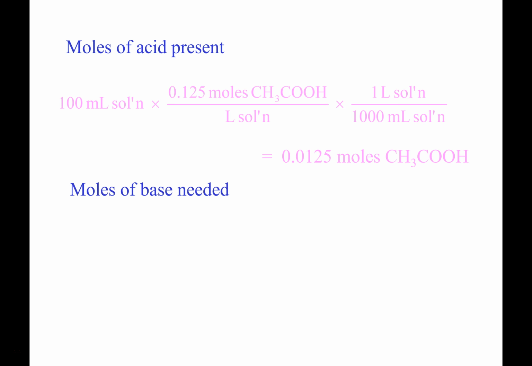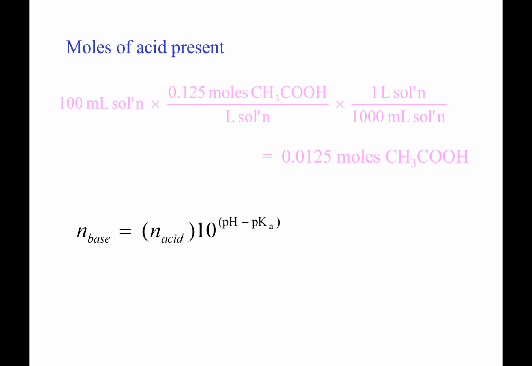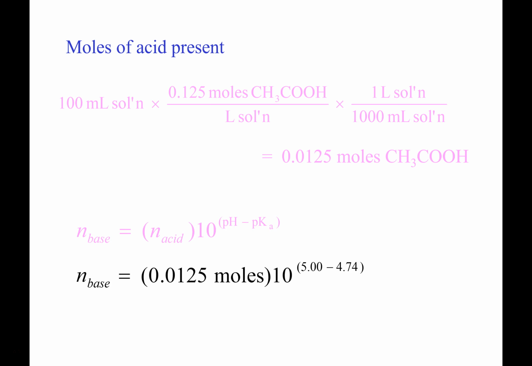So going back to our rearranged Henderson-Hasselbalch equation, plugging in now, it looks like this, where the moles of base we need is equal to the moles of acid, which we just came up with was 0.0125 moles, times 10 raised to the pH minus pKa.